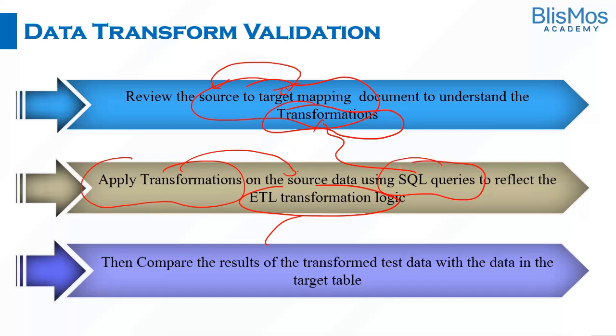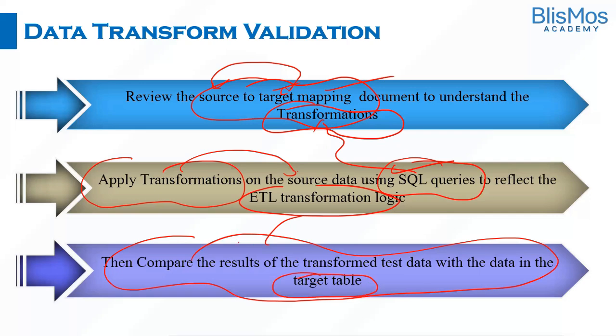Now we have applied the transformation by using SQL queries as per the mapping document, and that needs to be compared with the data in the target table. When you compare the result of the transformation SQL query written by a tester with the target table, then we'll get to know whether the developer has done the transformation properly or not.